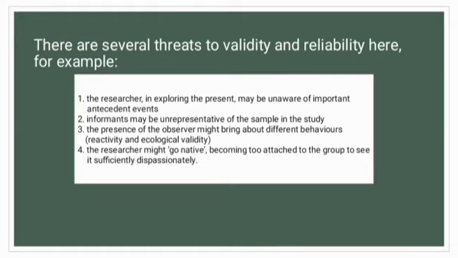Third, the presence of the observer might bring about different behavior: reactivity and ecological validity. Fourth, the researcher might go native, becoming attached to the group and unable to see it sufficiently dispassionately.